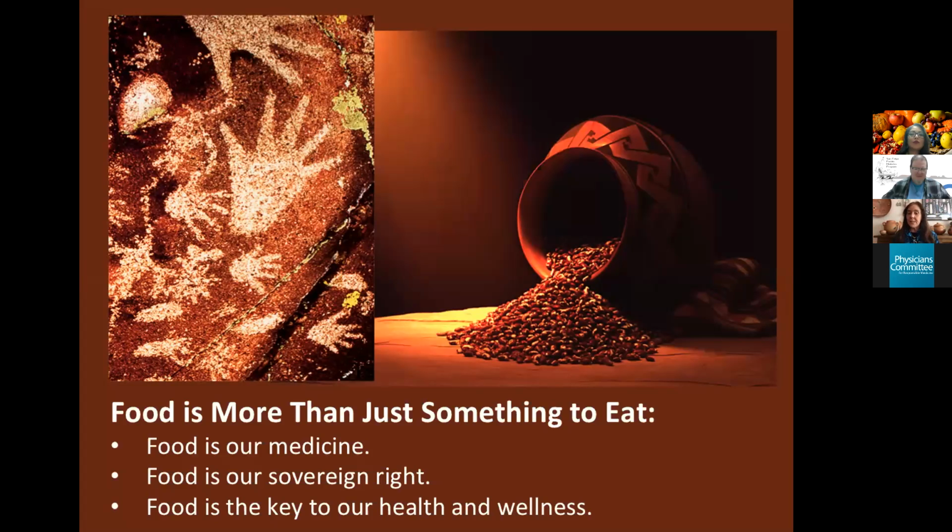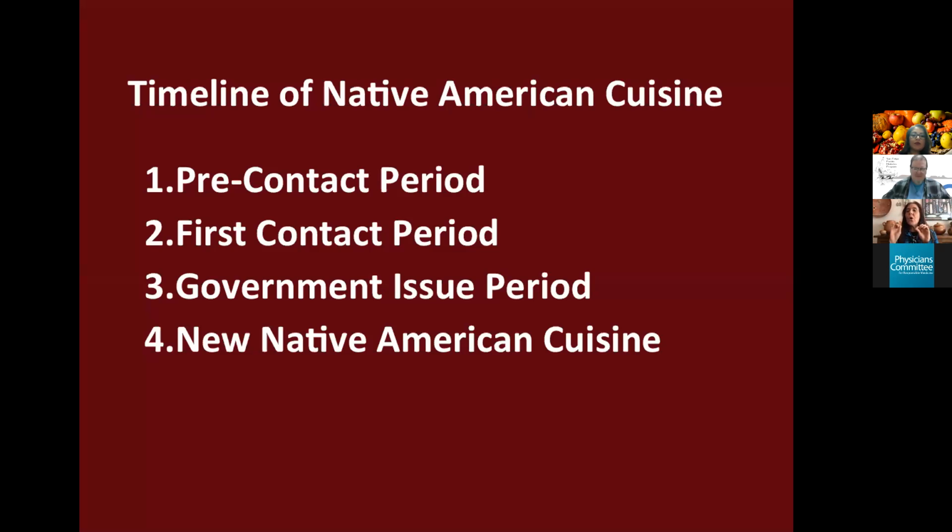Food is our medicine, food is our sovereign right, and food is the key to our health and wellness. And so even though our traditions were oral, it still is a form of science, and it still has a lot of validity in what we do and how we do it. So there are four historic periods in the timeline of Native American cuisine.